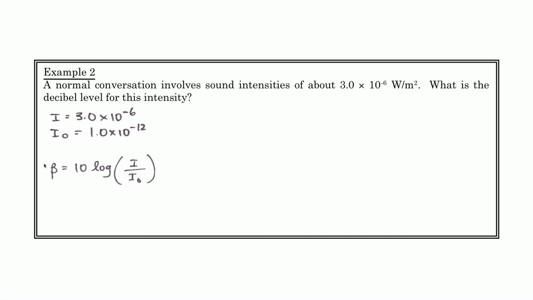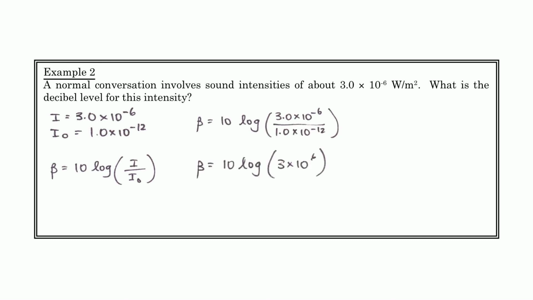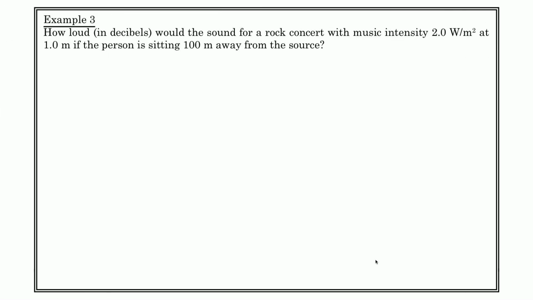And we can say that beta, the decibel level, is equal to 10 times the log of this ratio. And when we actually put these numbers in, we get a value of 64.77 decibels. And so basically the sound level is about 65 decibels. So normal conversations are around this level. And so that gives you a pretty good comparison point.